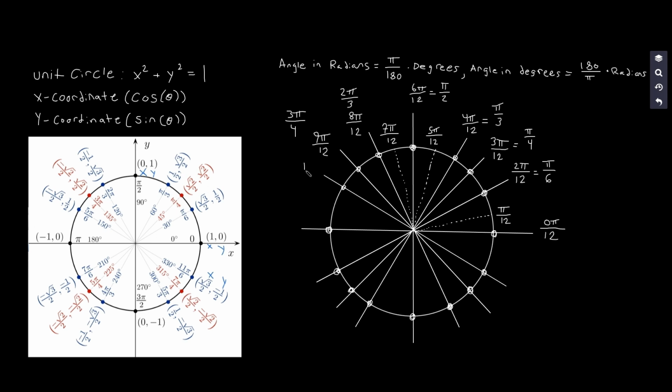Next up, we got 10 pi over 12. Oh, well, that's the same thing as 5 pi over 6 upon simplification. We have our absent line here, which would be 11 pi over 12.